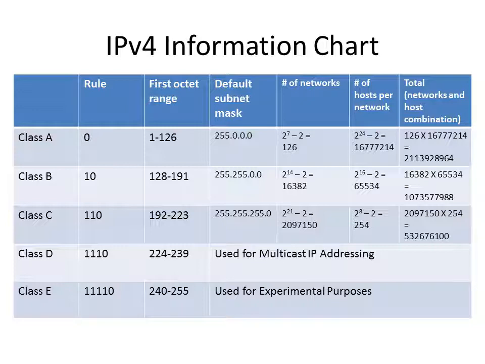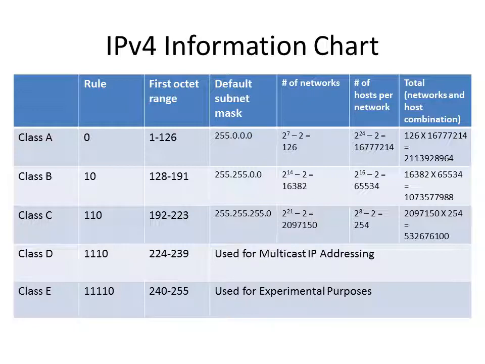Before we start with Class A, Classes A, B, and C are unique in the sense that these are the classes assigned to hosts. Class D is used for multicast IP addressing. Class E is used for experimental purposes.